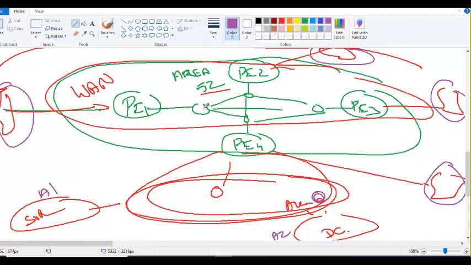So this is one big autonomous system. ISPs are basically networks. Whatever the customer has got, the ISP will also have, like various departments, multi-area. One of the services that ISP provides is the WAN connection for the customers. So here they have given one area for the customer to use.